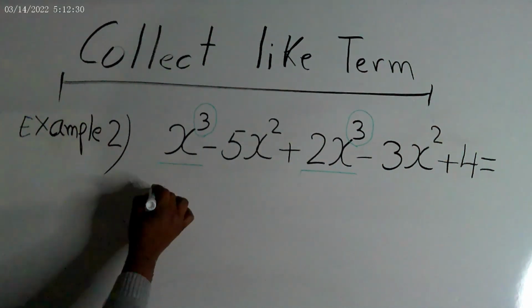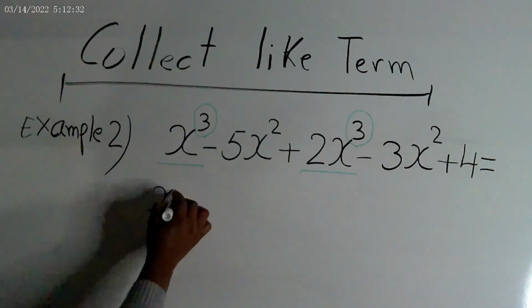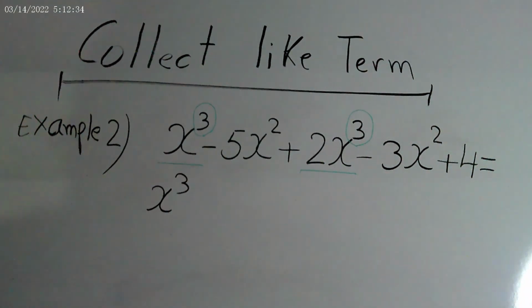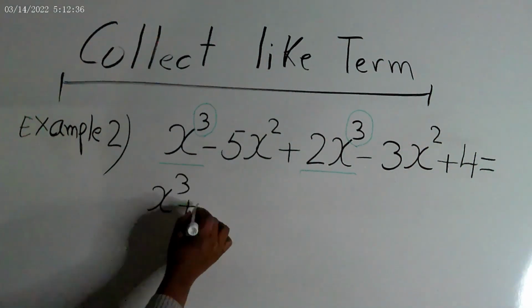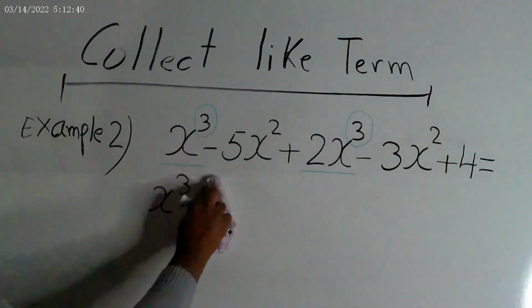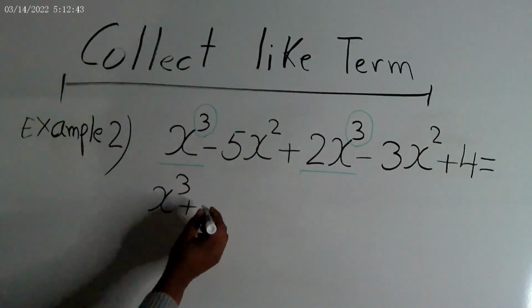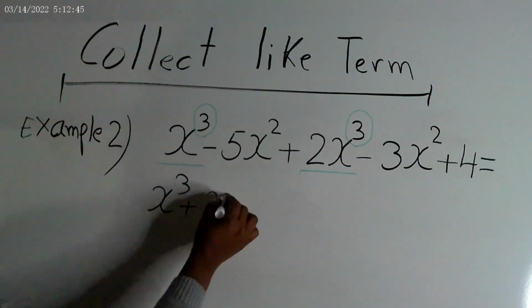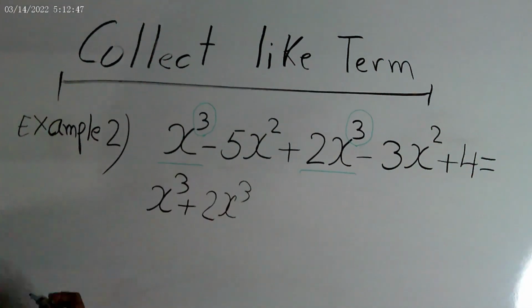So you have x to the 3 plus 2x to the 3. There is no more after this, so you check the next one.